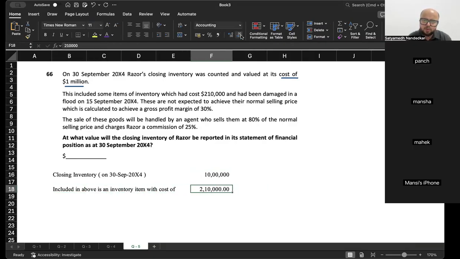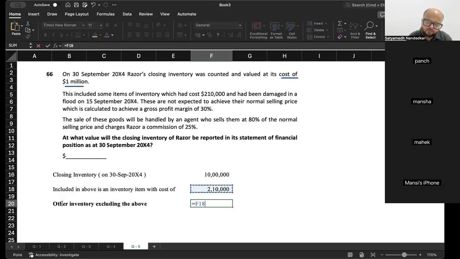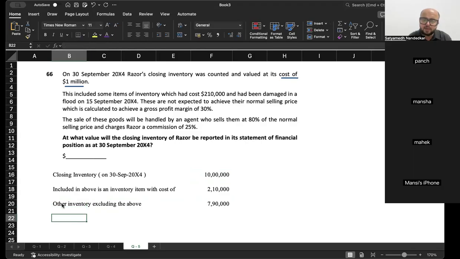So what I have now is other inventory excluding the above, 7,90,000. This is other inventory.